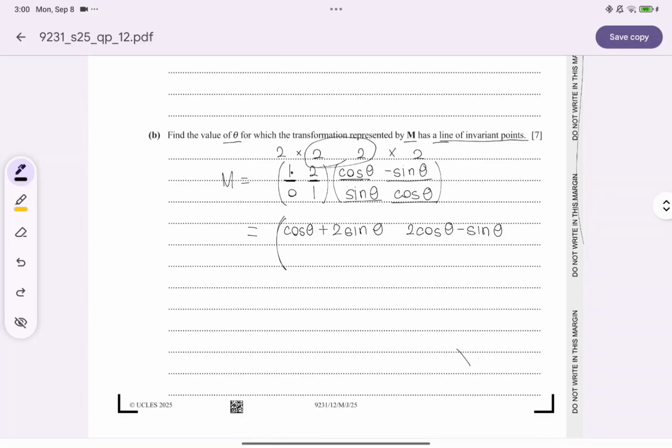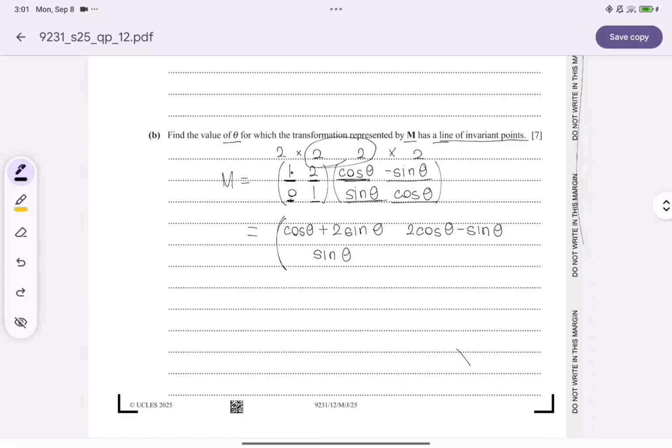Now to find the third element, it's in the second row, first column, so we multiply the second row of the first matrix with the first column of the second matrix. So 0 times cosine plus 1 times sine theta, which would be sine theta.